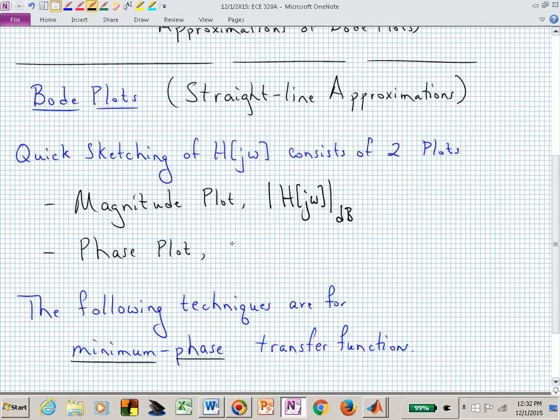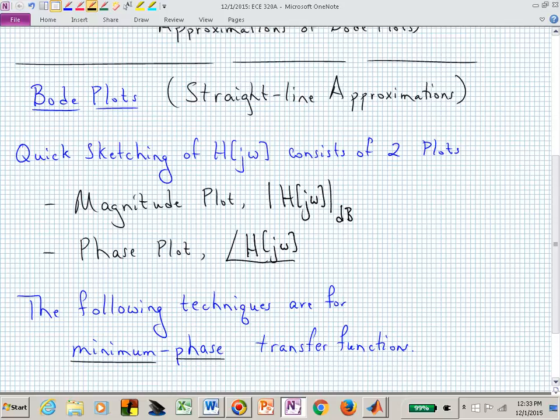And the phase plot, we are just sketching the angle of H(jω), and both of those plots are with respect to frequency, and frequency is on a logarithmic scale. So we now have this semi-log plot for the magnitude in dB, and we have a semi-log plot of the phase, or the angle of that transfer function.